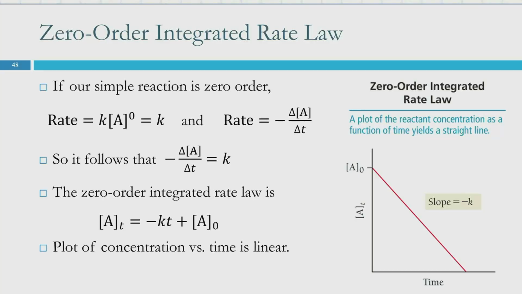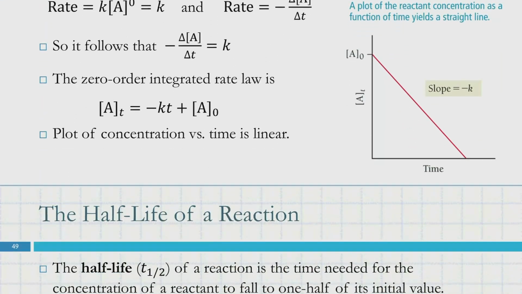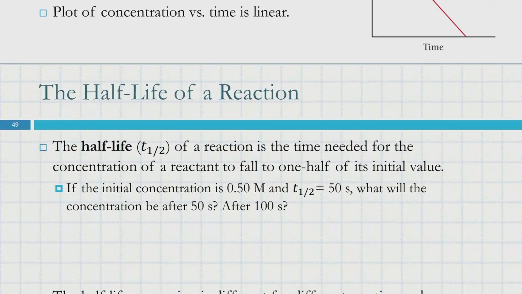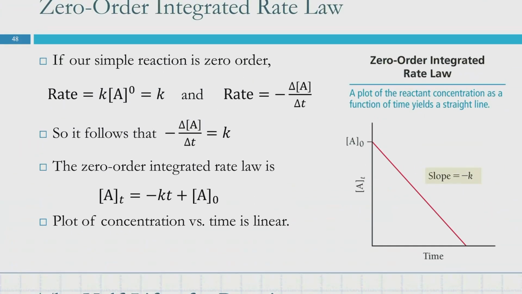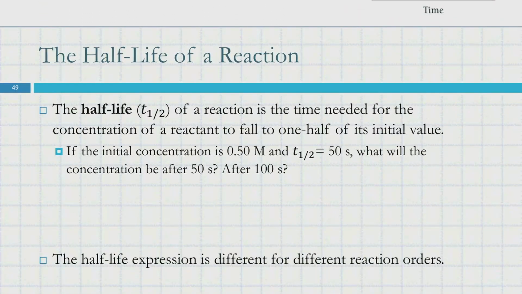Right. No natural log, no inverse. And we can do all the same stuff that we've been doing with this. I'm trusting that you're capable of doing that if you've been following along.